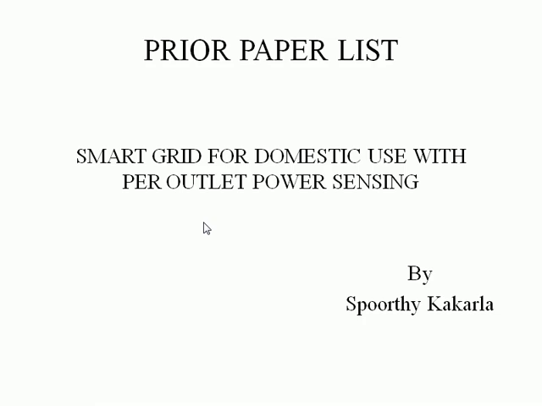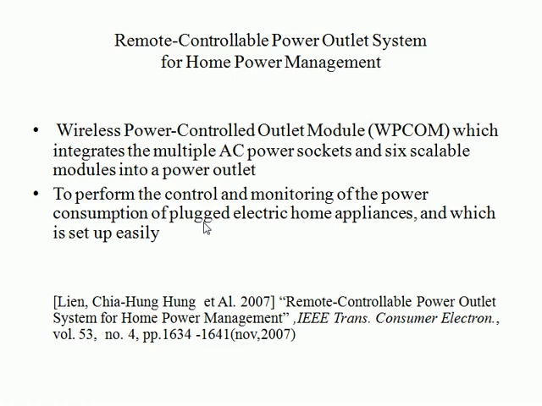Today I'm going to tell about a prior paper list, and this is the first one. In this paper, they mention a wireless power controlled output module, which has AC power sockets, and a low power microcontroller, which controls the switches to be on and off at the power outlets.